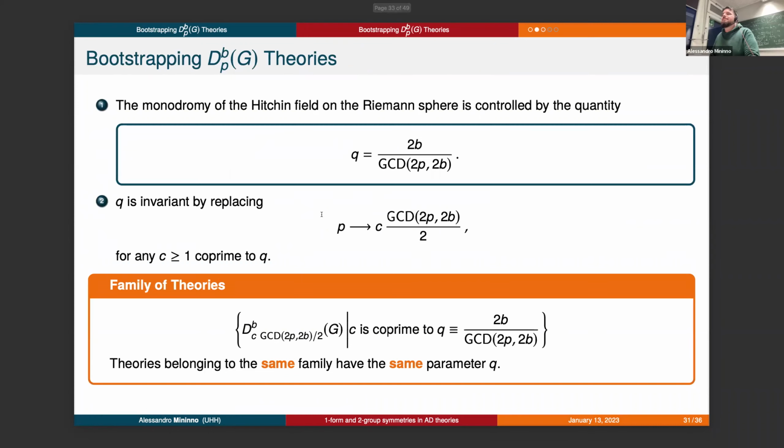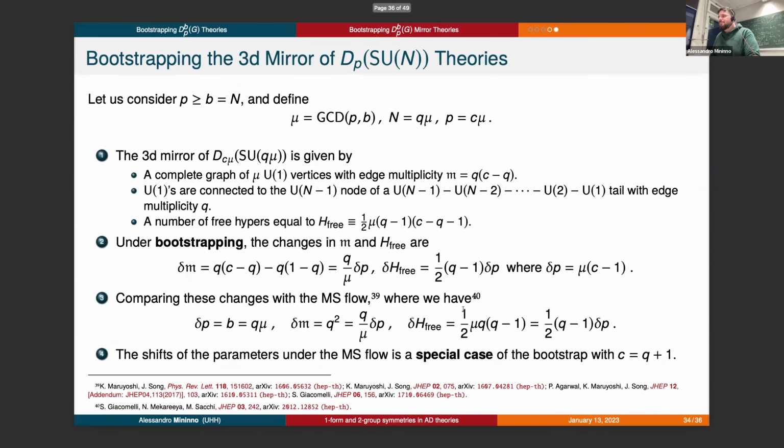So they differ one from the other by shifting. You define the factor Q, and then you just replace the P by this factor. The way in which they differ is that it can change the rank of the non-Higgsable sector.